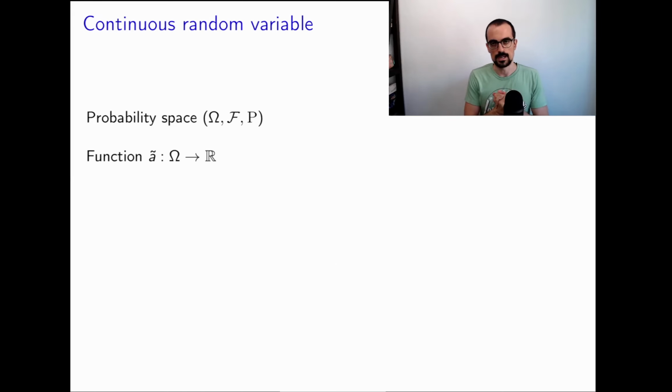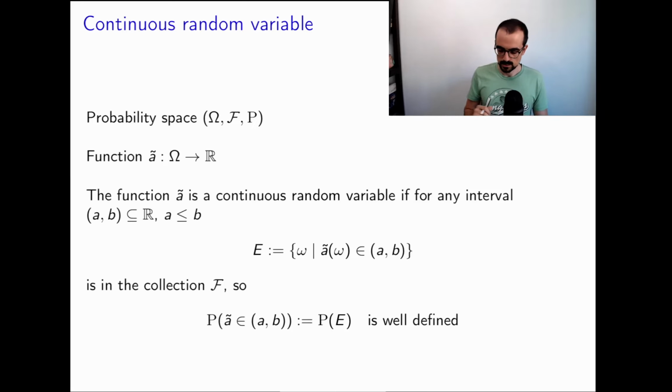Okay, so after this somewhat esoteric explanation, I like the word esoteric today, of why we cannot assign probabilities to individual points, we're going to define continuous random variables so that we can assign probabilities to any interval. So what is a continuous random variable? It's again a function, exactly the same as with discrete random variables.